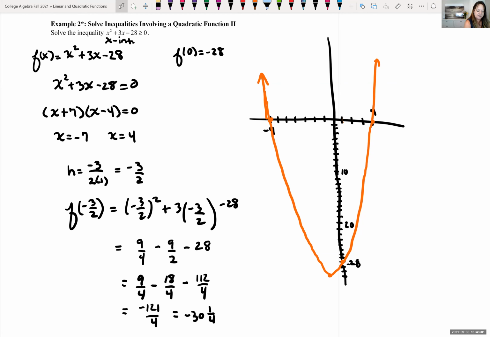Looking at the x values that give me the graph above the x-axis, I see that those are values coming in from -∞. And this has an equal to part, so this is telling me I'm going to include the x-intercept values.